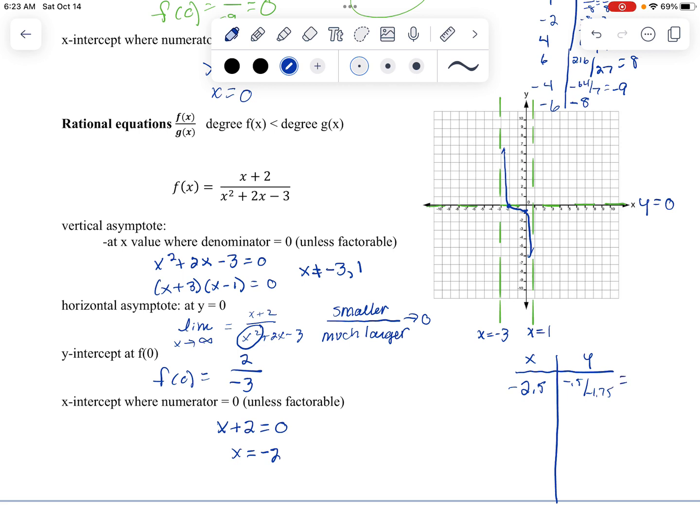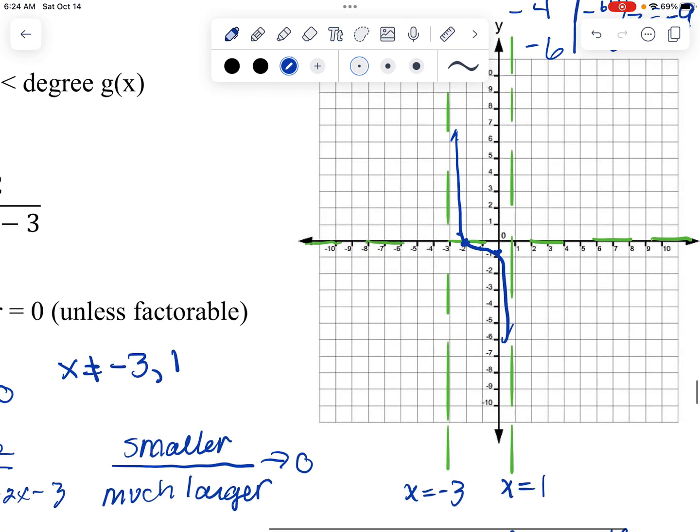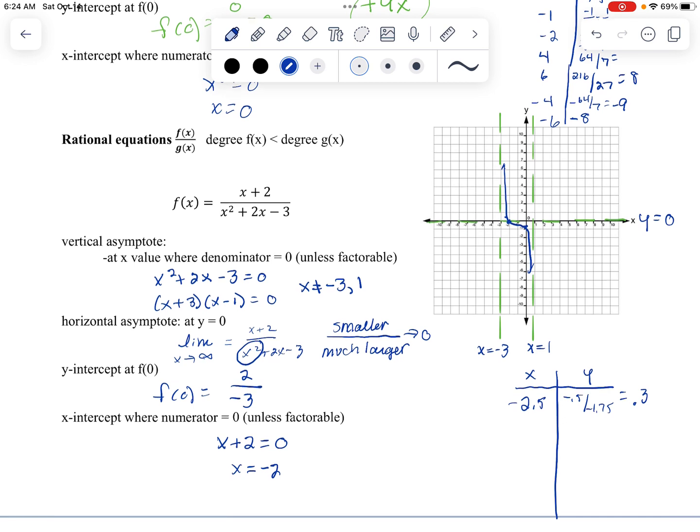Now I have a negative on top and bottom, 0.5 divided by 1.75. And I get about 0.3. It's 0.2857, but on our small graph, 0.3. So, yep, my graph does go over the x-axis at that point. So I've got 1 point above the x-axis, 1 point below. I've got the intersection. I draw my graph from there.